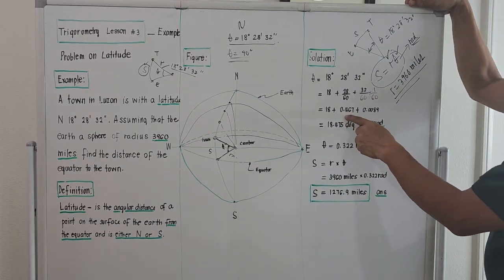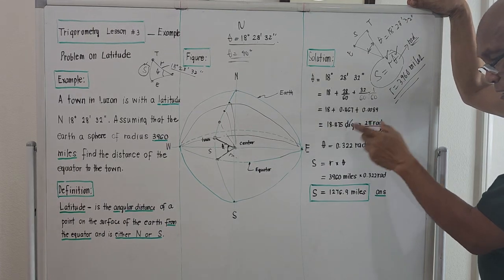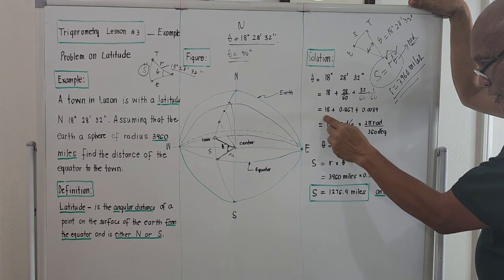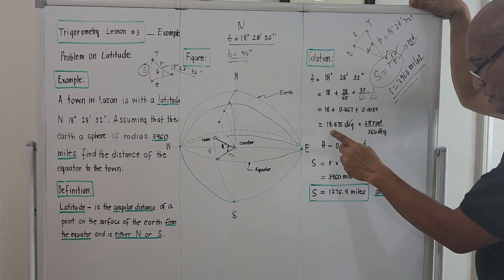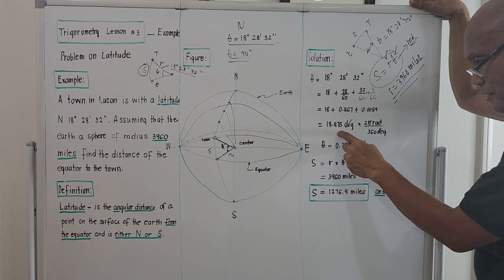This is 0.467, and this is 0.0089. The total summation in terms of degrees is 18.475 degrees.